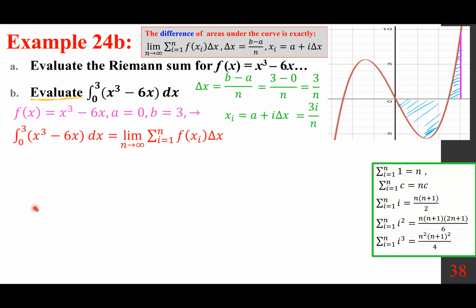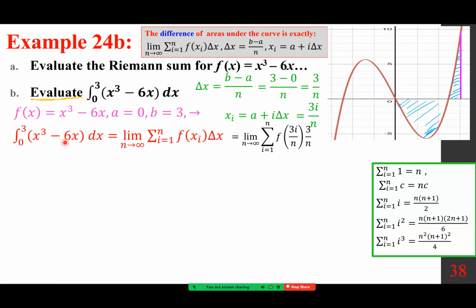So the integral is the limit of the Riemann sum. And f of x sub i, we are going to replace with 3i over n and delta x with 3 over n. So what is f of 3i over n? Basically, this is your function x cubed minus 6x.